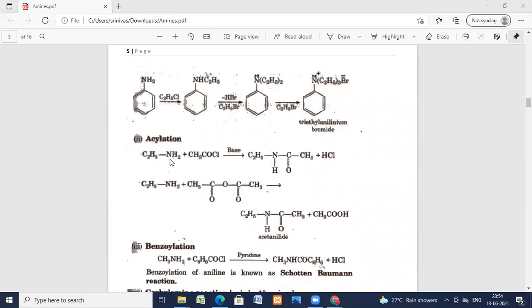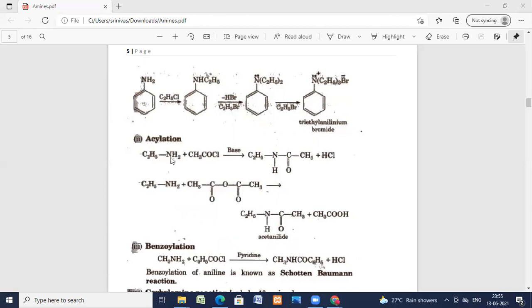Acylation. Ethylamine on reaction with acetyl chloride in the presence of a base: HCl is removed, the H and this chloride, in the presence of base.